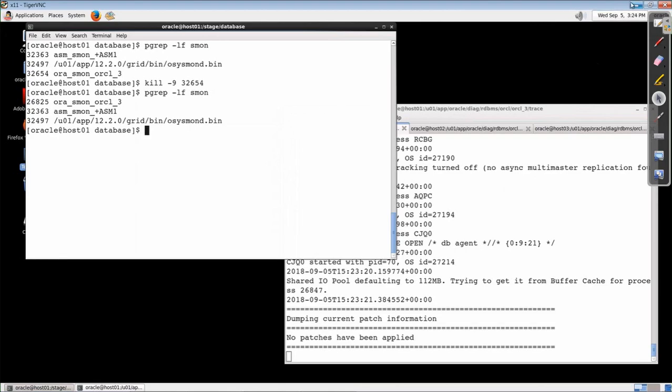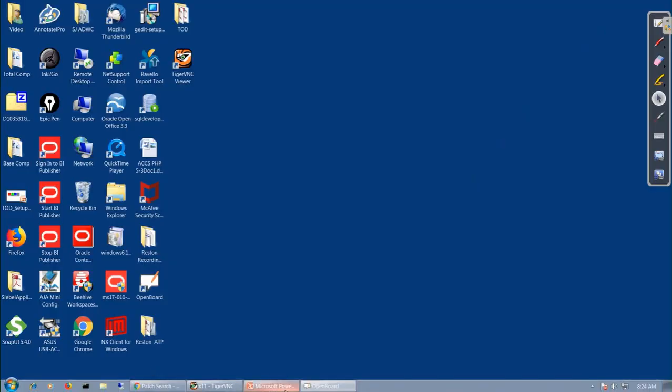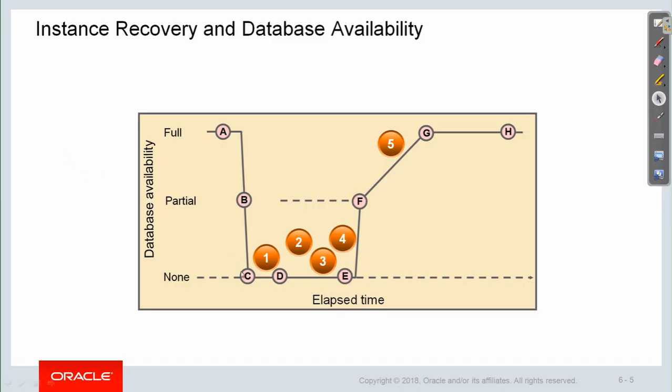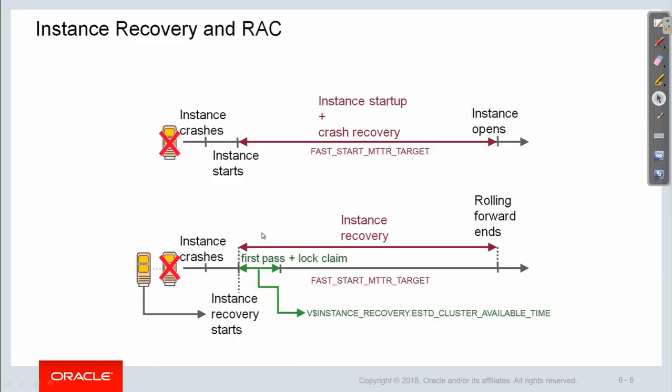Okay, so let me go back here. So reconfiguration time here is only a short amount of time. If you really want to configure instance recovery time, it's just like a single instance environment. In the single instance environment, we use the FAST_START_MTTR_TARGET. By setting this parameter, we could control instance recovery time in the single instance environment. That includes instance startup time and also instance recovery time.